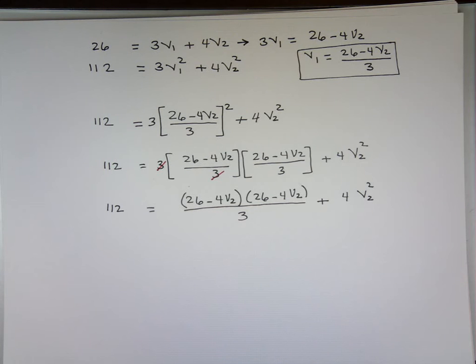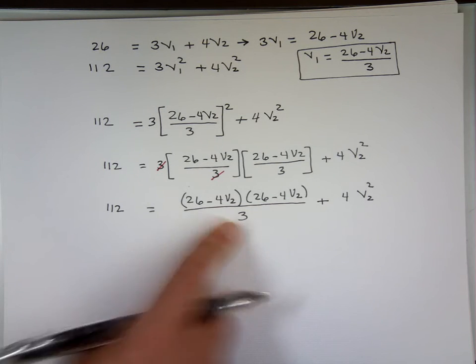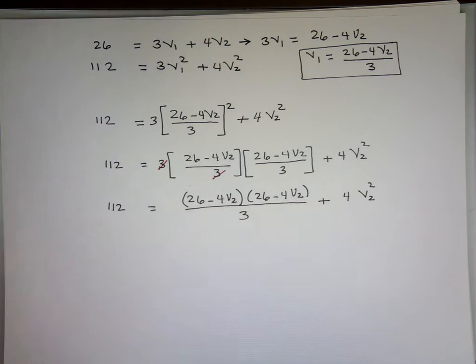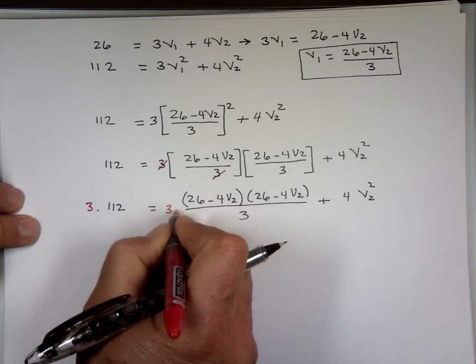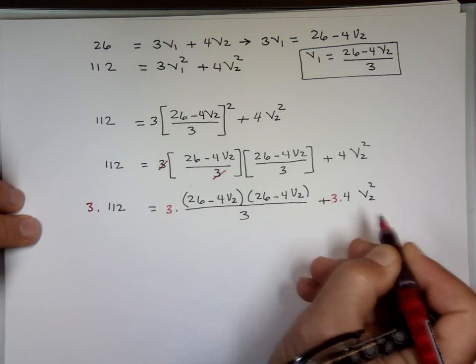To get rid of the 3 in the bottom, you multiply every one of them by 3. This 3 cancels that.